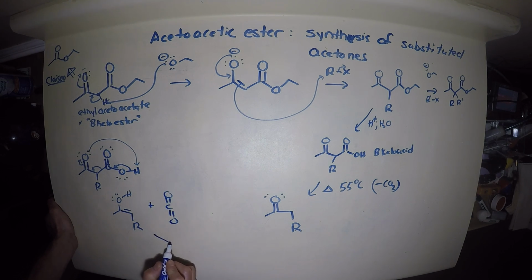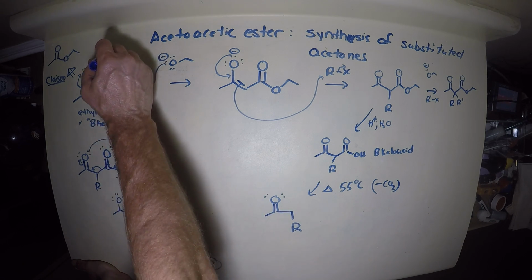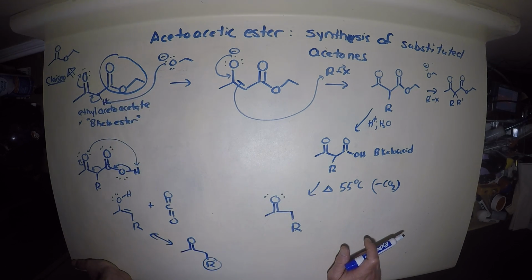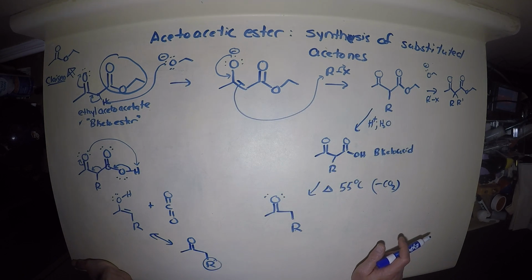And of course, we already know that that enol could just as easily have been shown as its ketone form, which is again a substituted acetone derivative. So in essence, acetoacetic ester synthesis takes advantage of an ester group making the hydrogen alpha more labile and more facile reactions to do your alkylation.